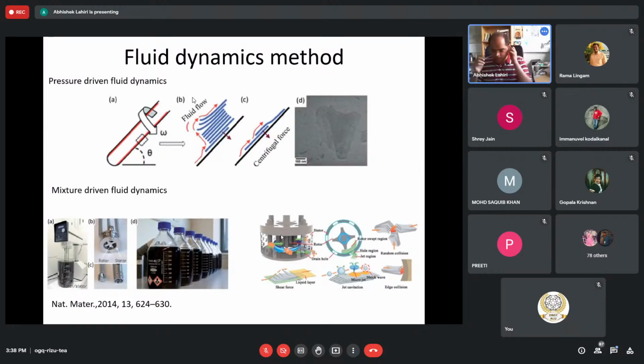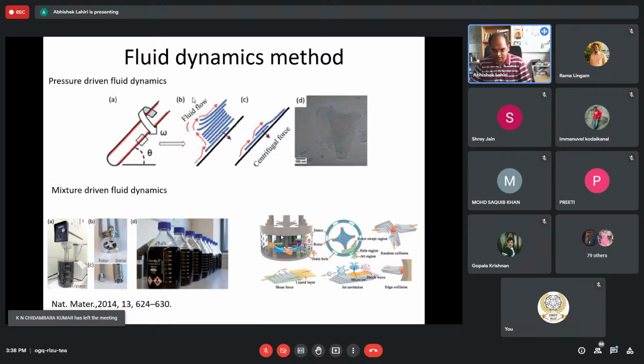So one of the drawbacks of top-down processes or any exfoliation process is that you can get two-dimensional structure, but you have no control over the size of the material. In industry, they want thin films of exfoliated surfaces.